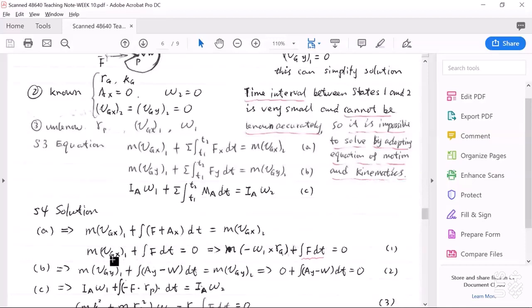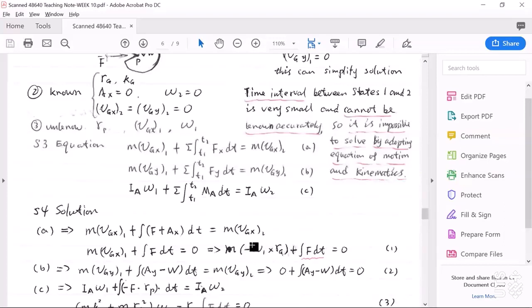We can express vgx using omega 1. The purpose here is to eliminate one unknown parameter, because vgx and omega 1, these two are not independent, they depend on each other. So we express vgx1 using omega 1.